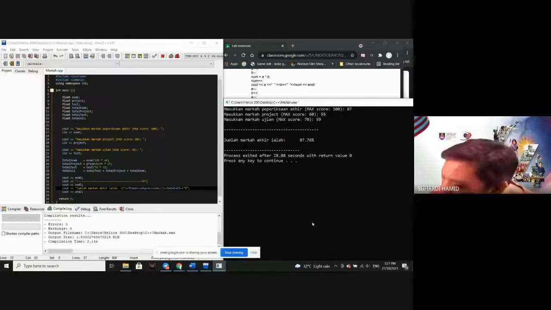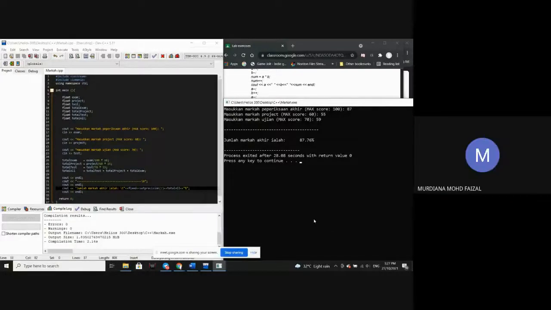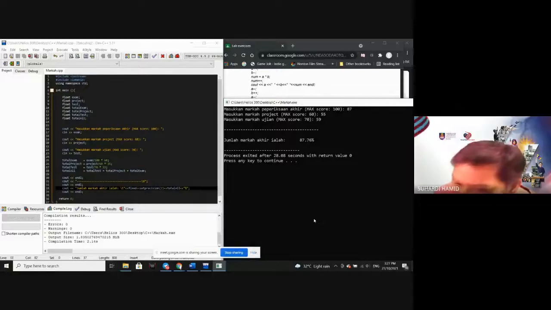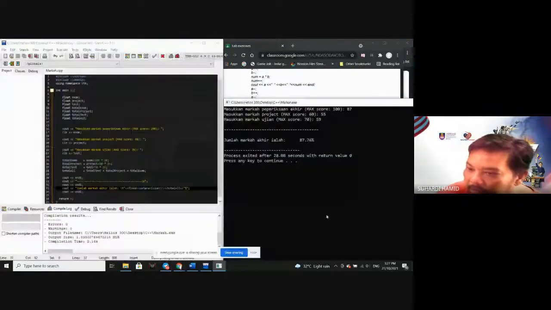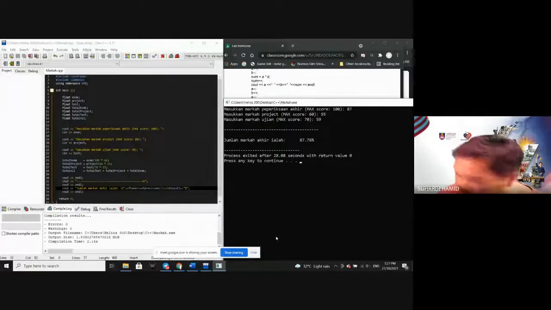Let me try to calculate using calculator as well. So we get 87 over 100 multiplied by 60, he said. Equal 52.2. And plus, then we have 55 over 60 multiplied by 25.